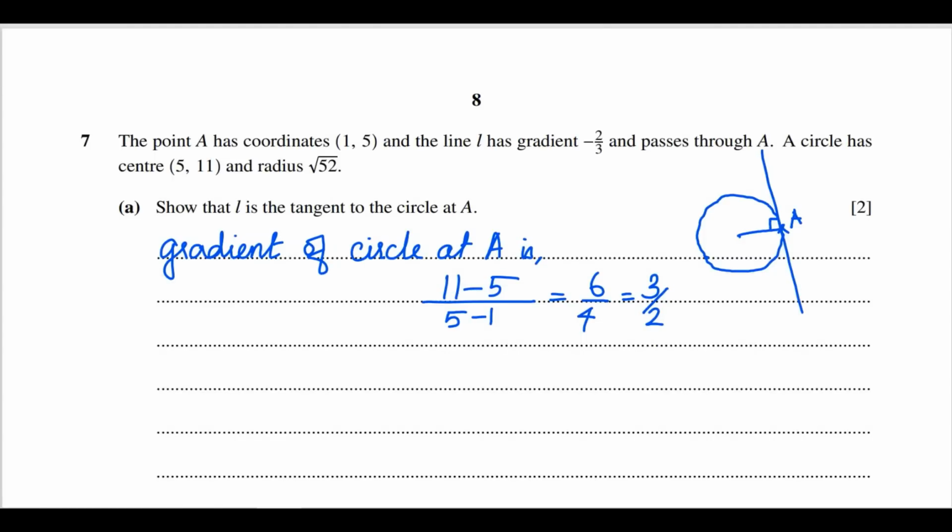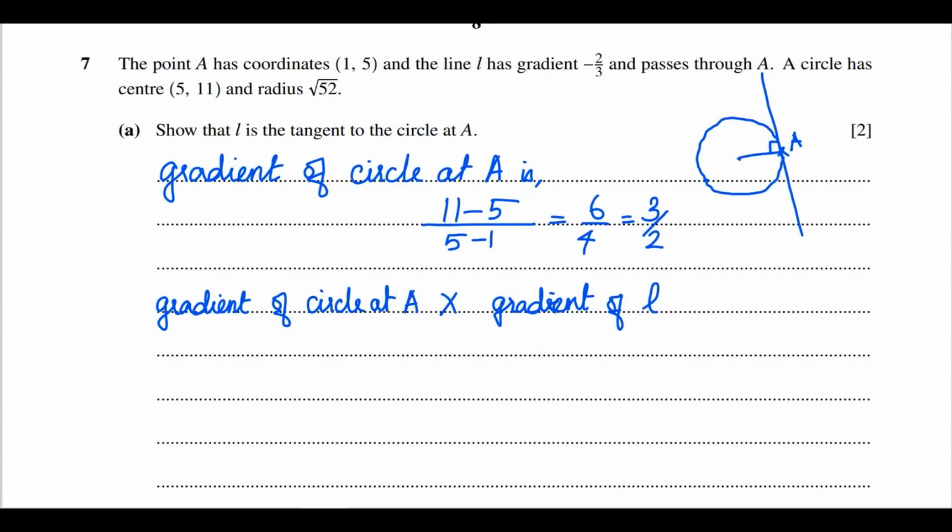It is given already. It has the gradient negative 2 over 3. If both are perpendicular, then the product of their gradients will be negative 1. So the gradient of the circle at A is 3 over 2 and the gradient of L is negative 2 over 3. This gives negative 1.